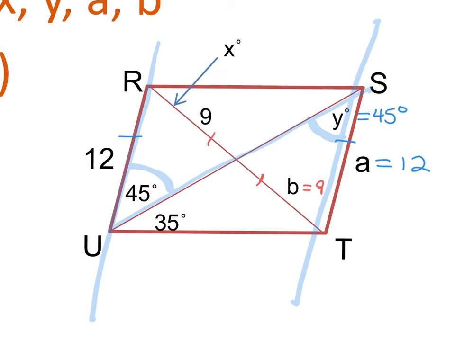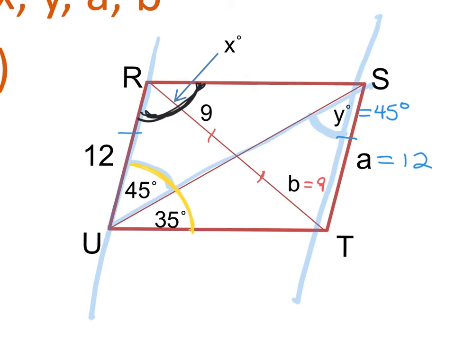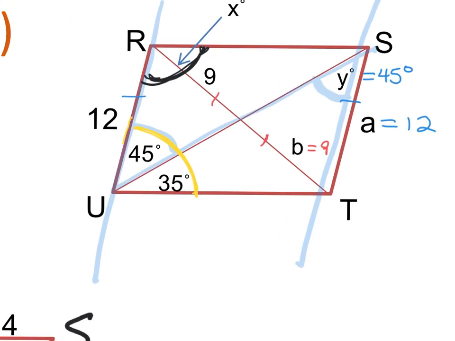And x, now x is referring to this whole angle here. Because notice it has the degree symbol, I know that this angle x that they're asking me to find is going to be supplementary to this whole thing here. So this angle along with this angle, these are supplements.